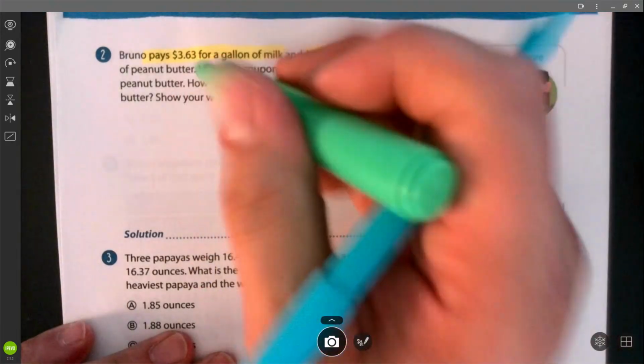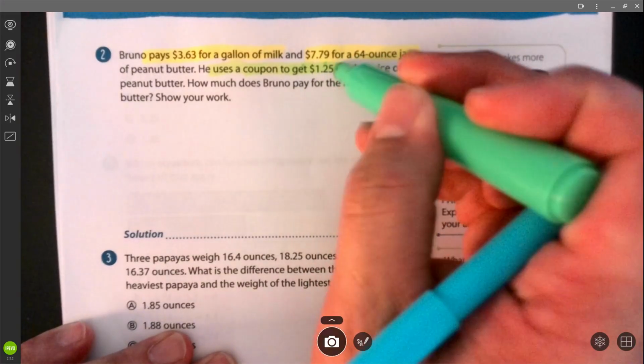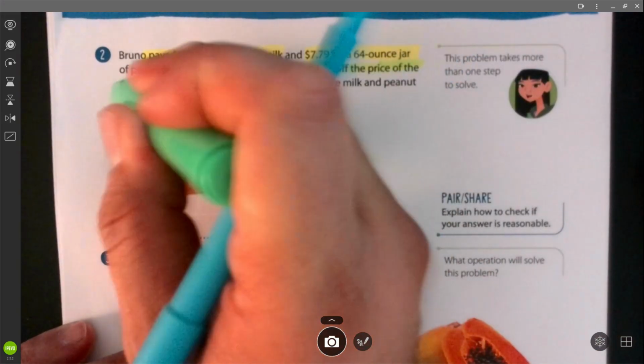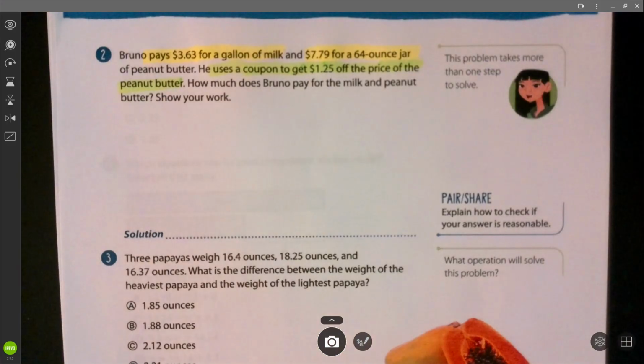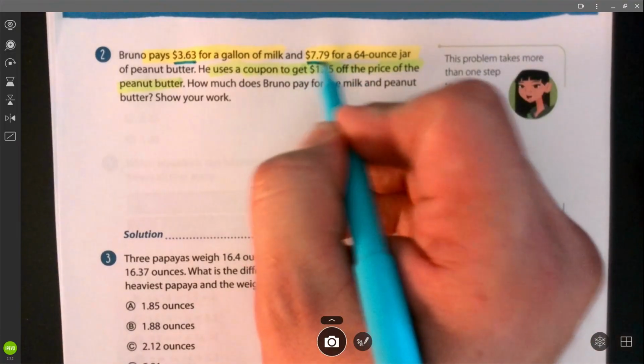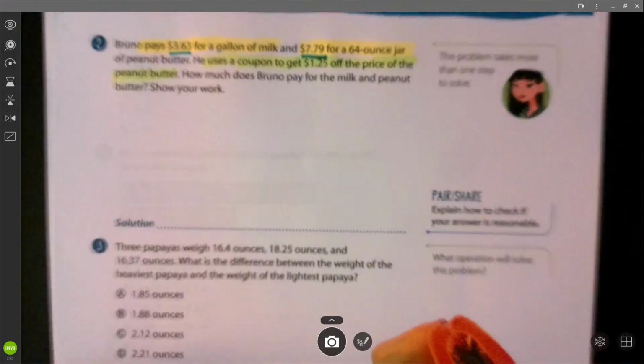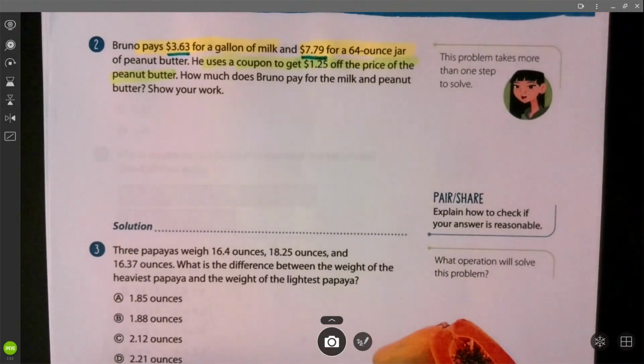He uses a coupon to get $1.25 off the price of the peanut butter. How much does Bruno pay for the milk and the peanut butter? So some people might just be tempted to take the $3.63 and add it to the $7.79, but that's not the problem, is it? That's not the problem.